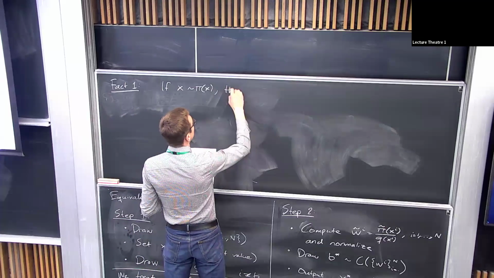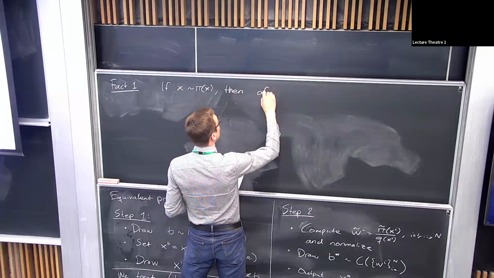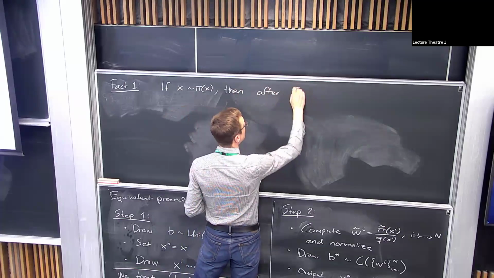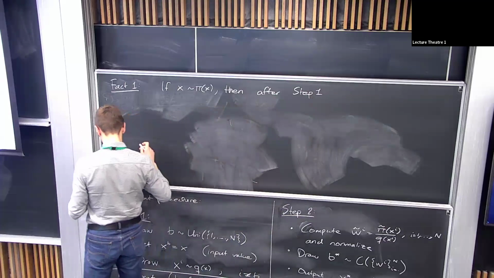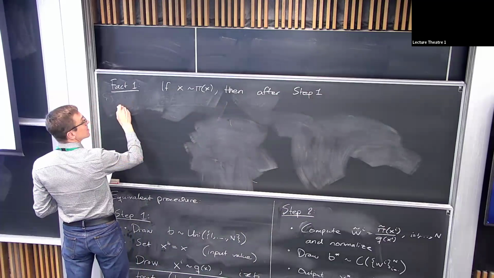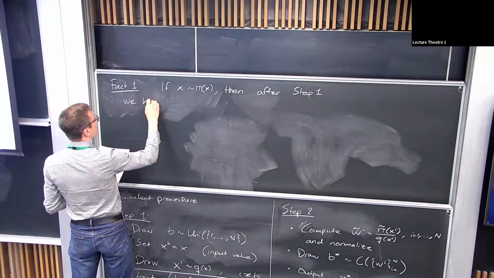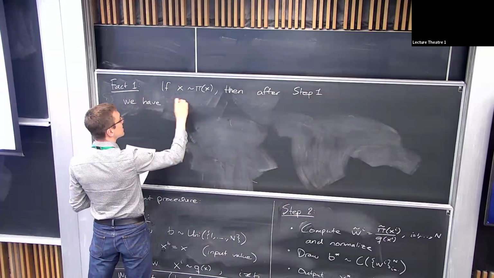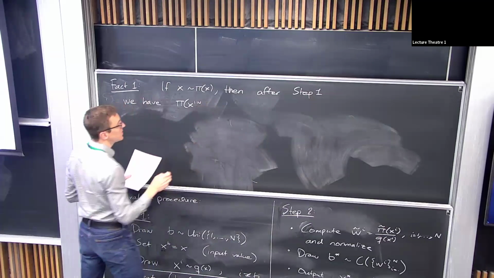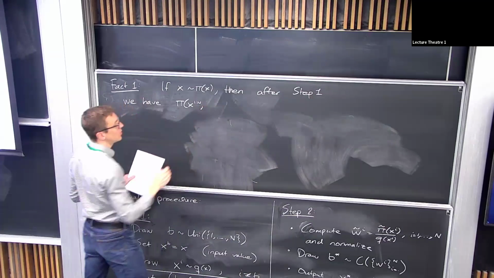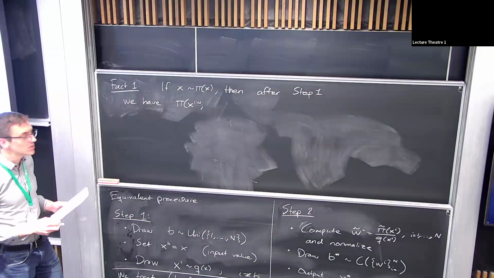Then after step 1, well, in step 1, we generate both the b value and we generate all the remaining x values.